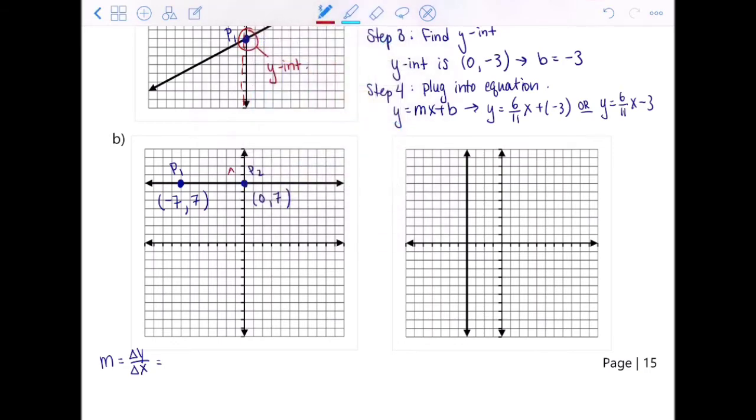It only goes left to right. So we can say that change in y is 0 and the change in x is 7, so the difference is 7. This just means the slope equals 0.